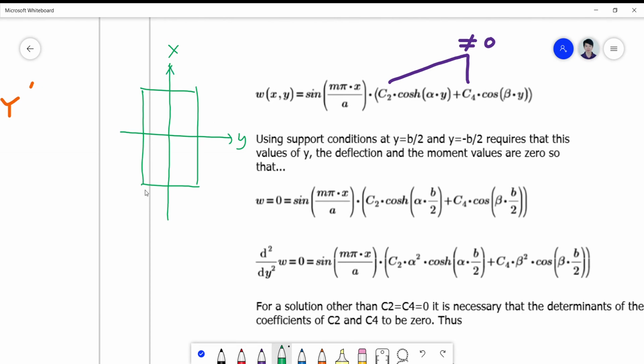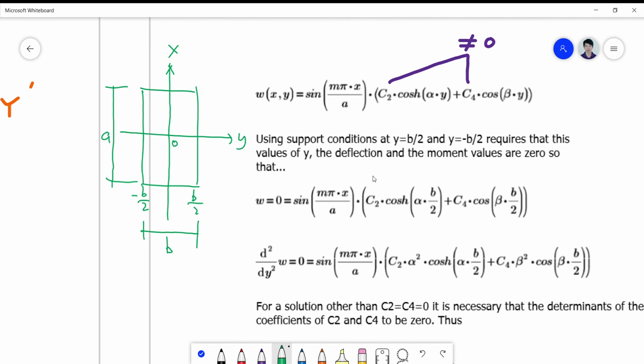So the boundaries on the y, if this is 0, will start at negative b over 2 and b over 2, if this is your width b and length a. Okay?